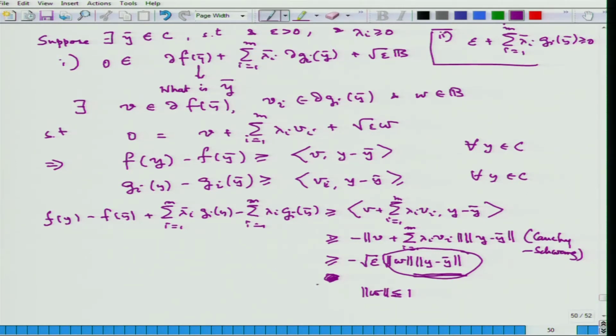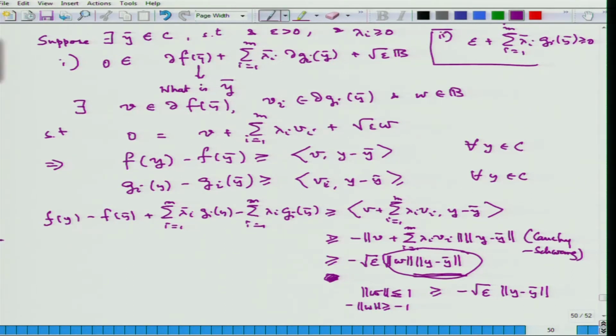I do not know what would happen if it is something else, right. So, minus norm of w is greater than equal to minus 1. So, from here what I can do at the maximum is this is greater than minus root epsilon of norm y minus y bar, this is what I can have.